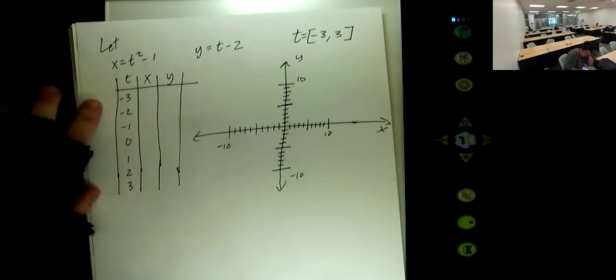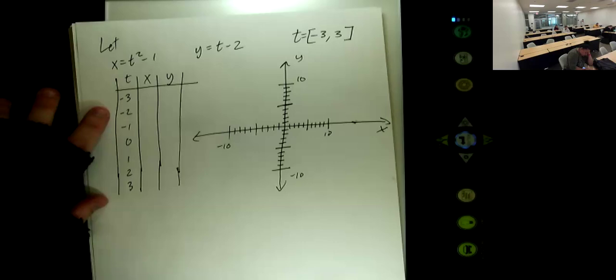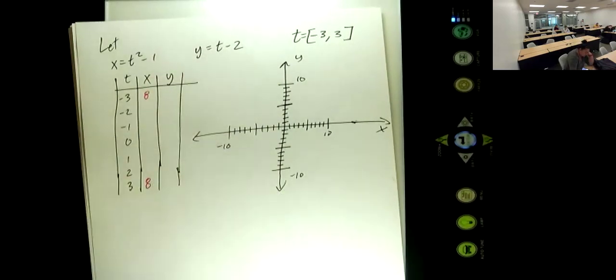Alright, so for x, we have t squared, so it doesn't matter if I plug in -3 or +3, I'm gonna get the same answer. -3 or +3, square those, we get 9, minus 1 is 8. That should be my x value for -3 and +3.